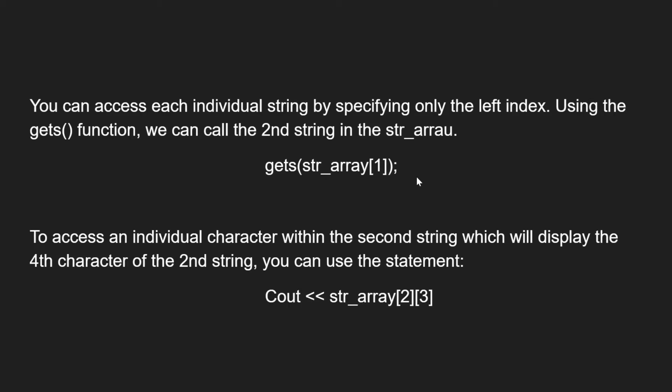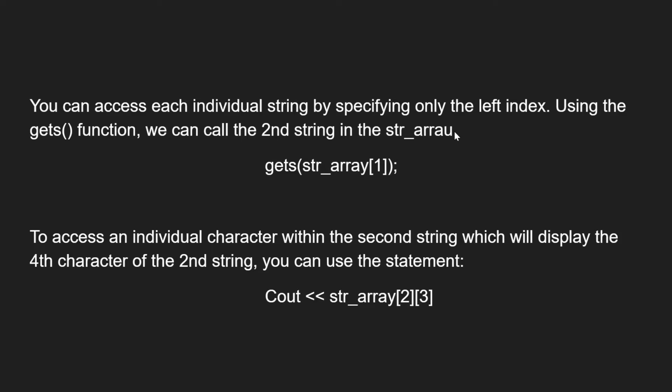We can access each individual string by specifying only the left index. Using the gets function, we can call the second string in the str array. That's actually a spelling mistake there, I'm supposed to fix that. That's supposed to say array. Apologies for that.